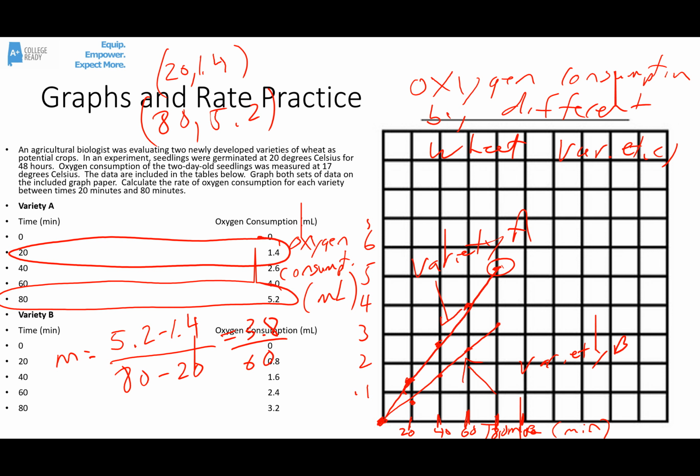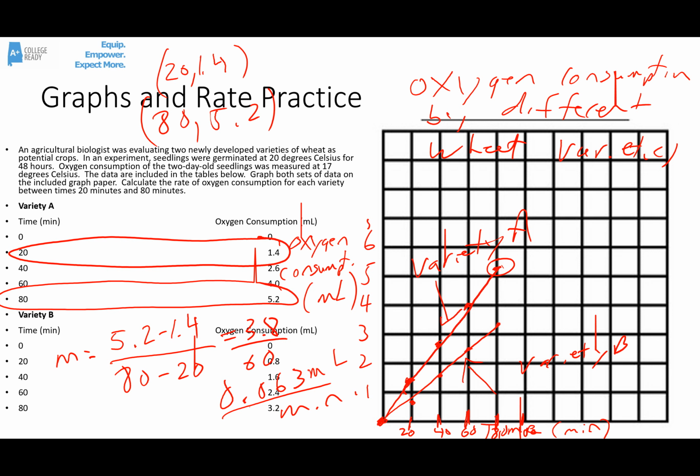So if we divide 3.8 by 60, that ends up giving us 0.063. And our units on that would be our y units, which are milliliters, divided by our x units, which are minutes. So that's our rate for variety A.